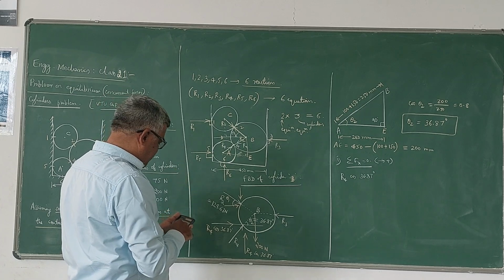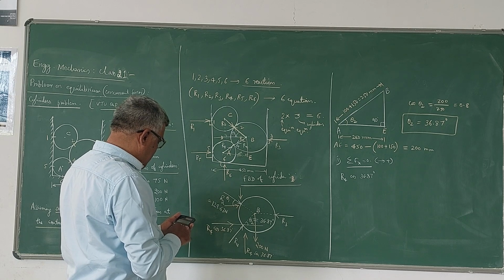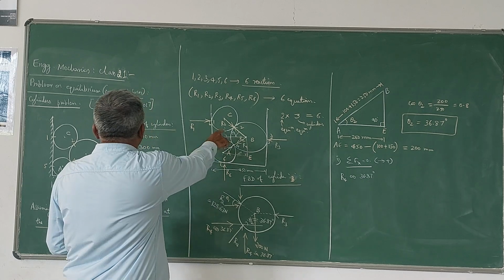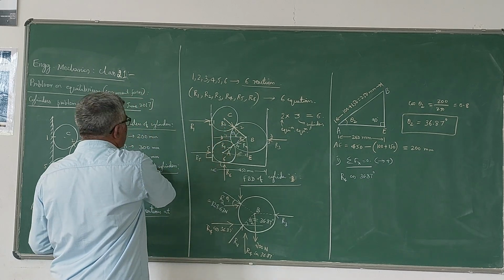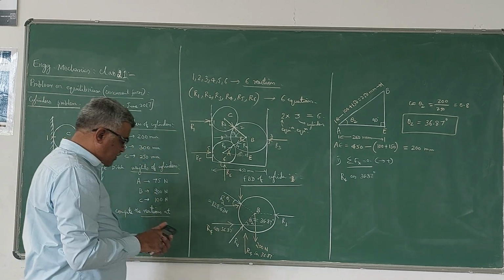So 175, and the hypotenuse is 150 plus 125, 275.